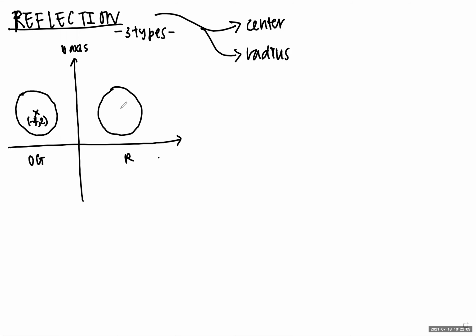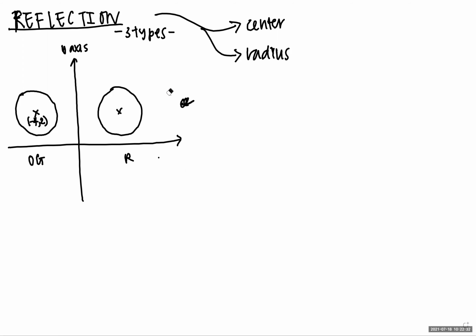So do you think here will also be -4 and 2? Yes or no? So do you think it makes sense? Yeah, it doesn't. So the center will change, right?